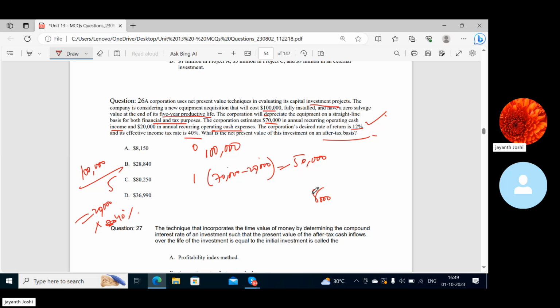And this 8,000 is my cash savings from tax allowable depreciation. It is annually the same amount, right? Correct.